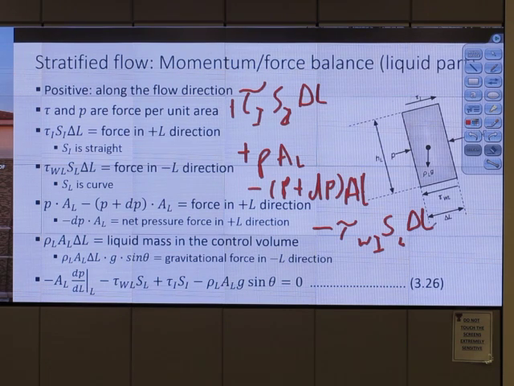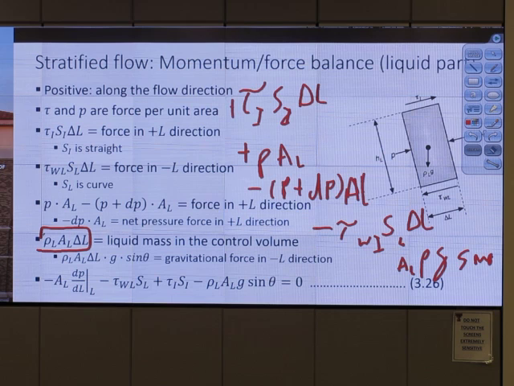And we have the gravity term, rho G sine theta multiplied by AL. I show you here that rho times AL times delta L is the liquid mass in the control volume.